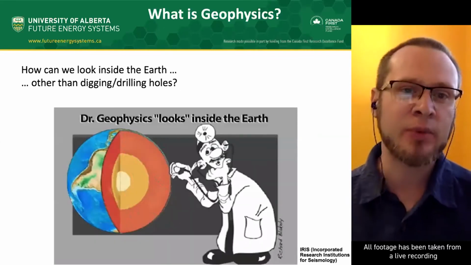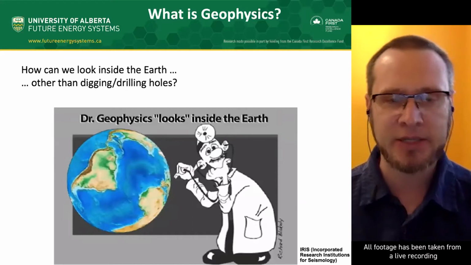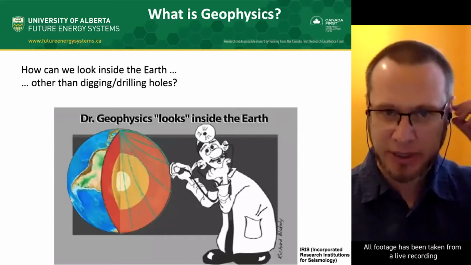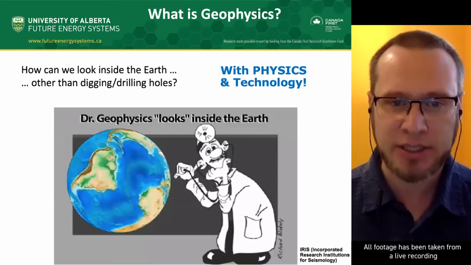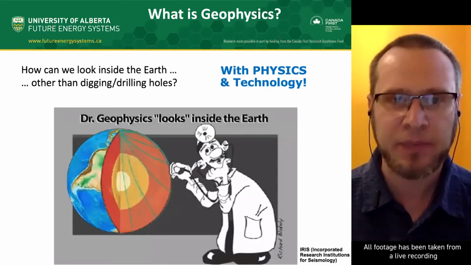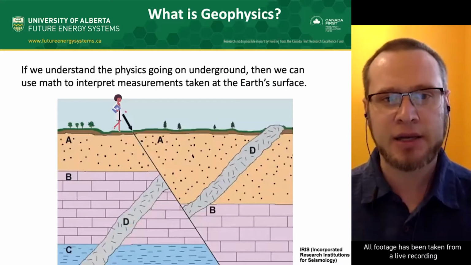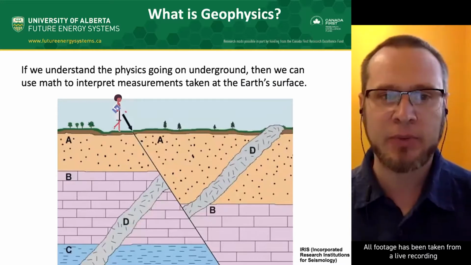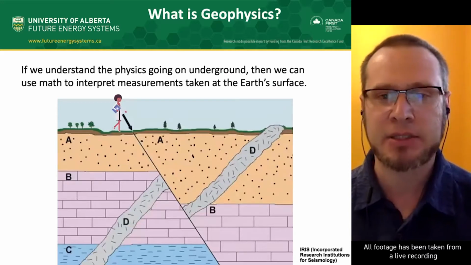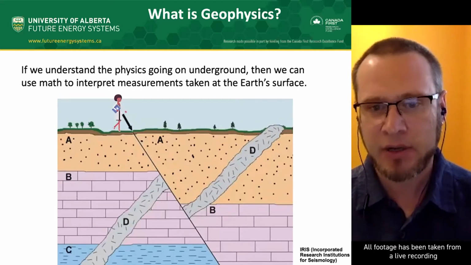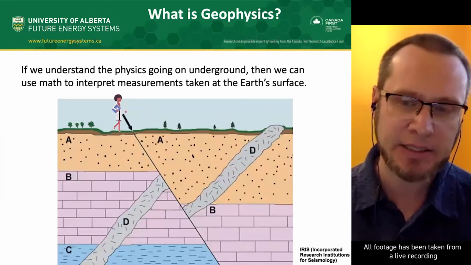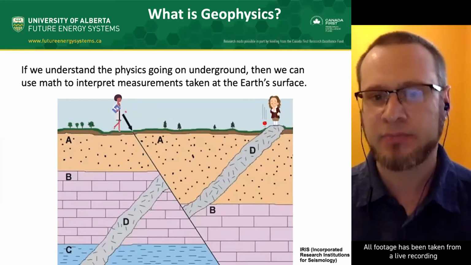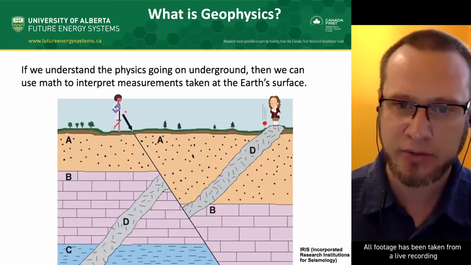So how can we look inside the Earth other than by digging holes or drilling holes? Well, we can use physics and technology, and this is what geophysics is. If we understand the physics going on underground, then we can use math to interpret measurements taken at the Earth's surface. For example, if we know that different rocks have different densities, we can use gravity to kind of paint a picture of what's going on underground.